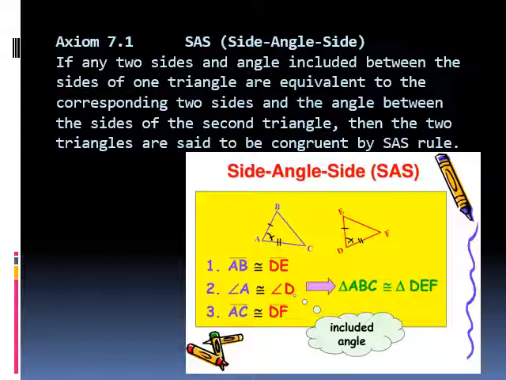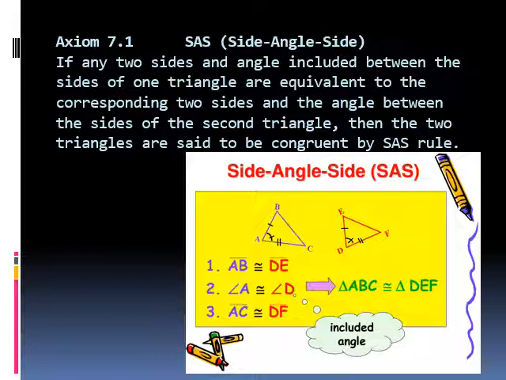Now this was the first theorem in class 7, but now it is going to act as our axiom. As I've already explained, an axiom is something which is a proven fact and we don't need any proof for it; we will use it to prove other theorems and statements. So this particular SAS axiom will be used in our next criteria's proof.